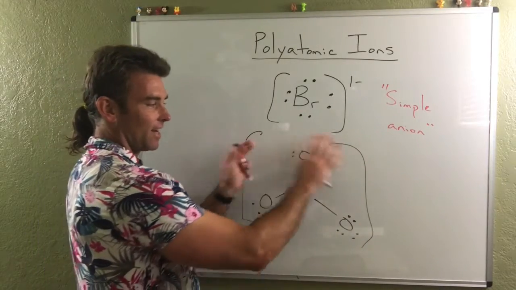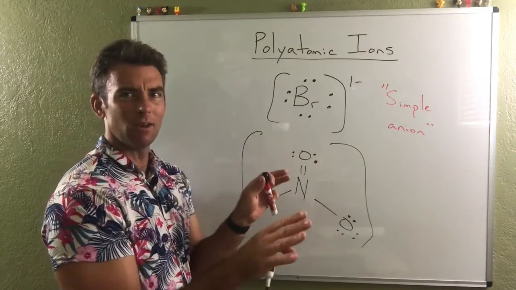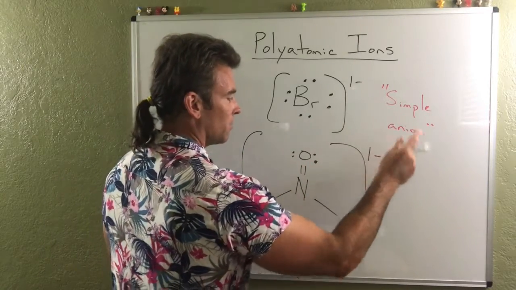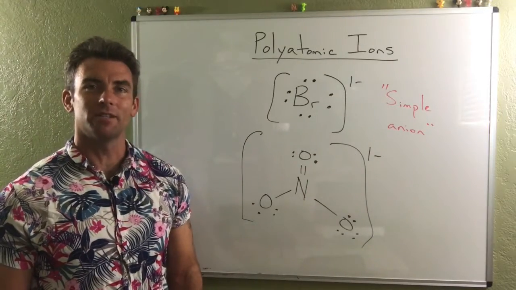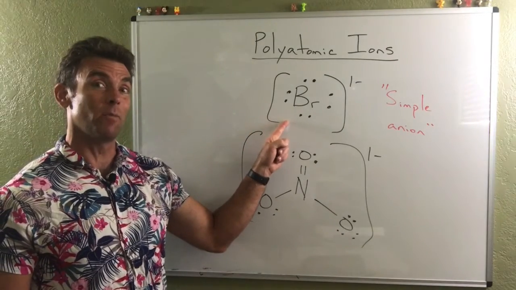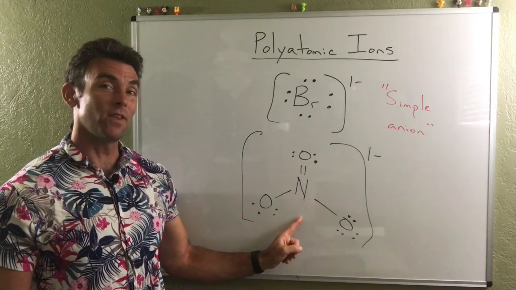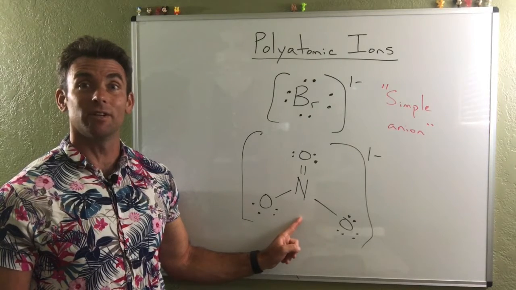I've got a whole bunch of lines and crazy stuff that we haven't talked about yet. Don't worry about that. But the important thing is that that thing overall has a 1 minus charge. That is, in a sense, functionally no different than a bromine. This whole entire thing is just going to act like a single atom with an extra electron.